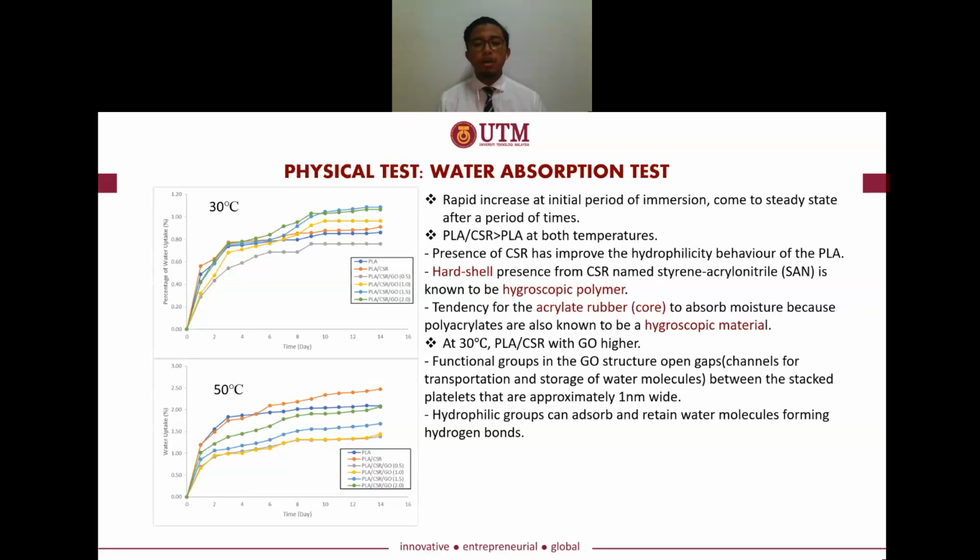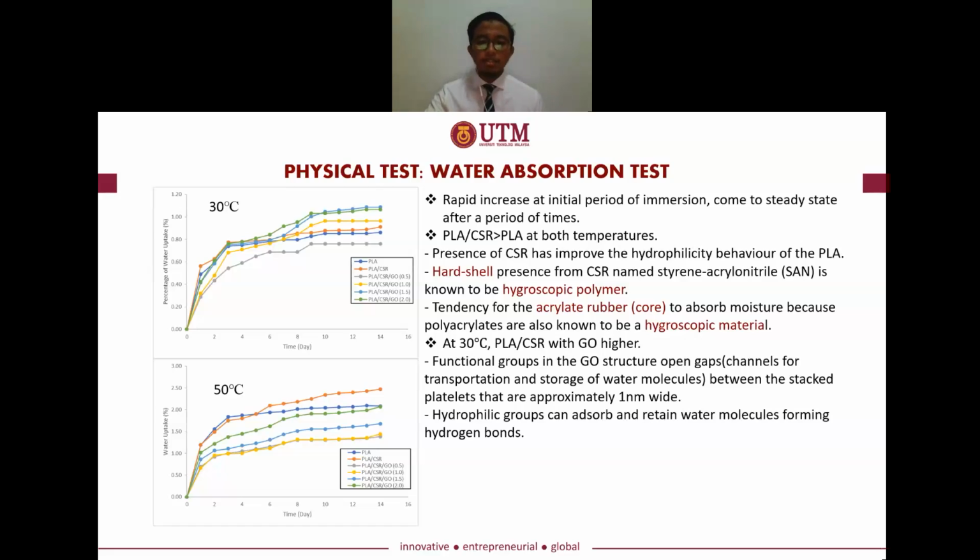This is from the hard shell presence in the CSR, which is styrene acrylonitrile (SAN), known to be hygroscopic, which causes it to behave as hydrophilic, and the tendency of the acrylic rubber in the core to absorb moisture, also known as a hygroscopic material.